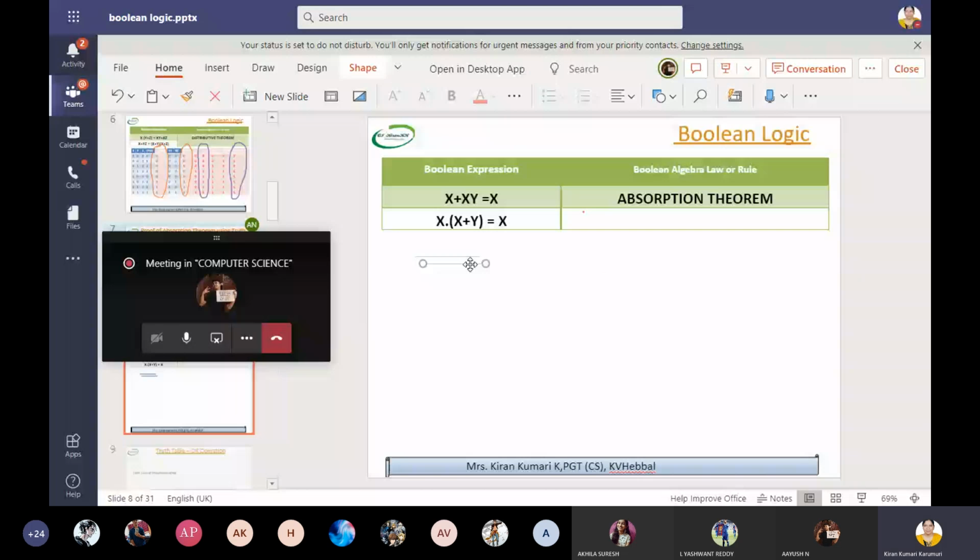This is the X line, children. Now I am taking another vertical line, that is Y.